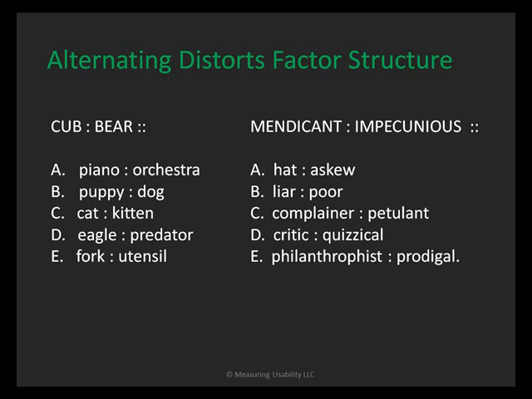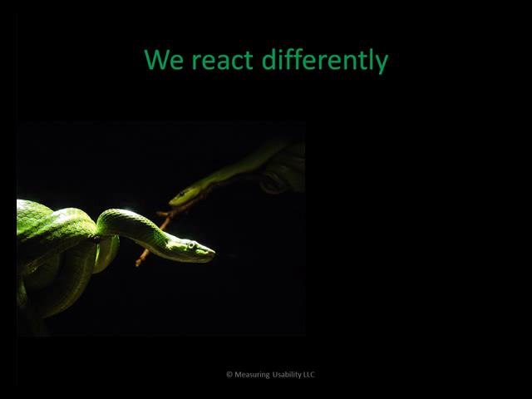Well, with negatively and positively phrased items, negative items tend to load on one factor and positive items tend to load on another factor. And this would be like if you were to administer an IQ test and instead of seeing a verbal ability and a mathematical ability, you saw a positively worded item ability and a negatively worded item ability. Now, while that's interesting, it's not what we're essentially trying to measure both in IQ tests and in usability questionnaires.